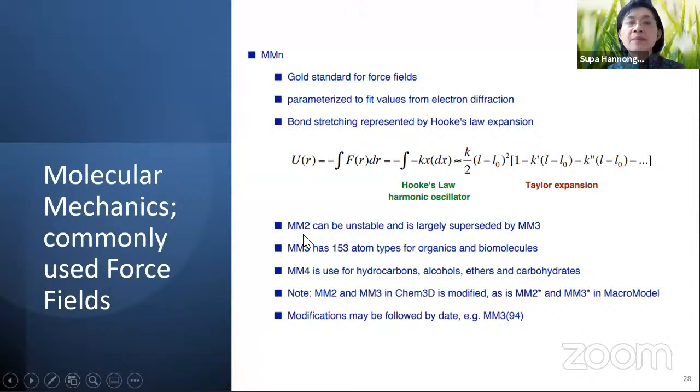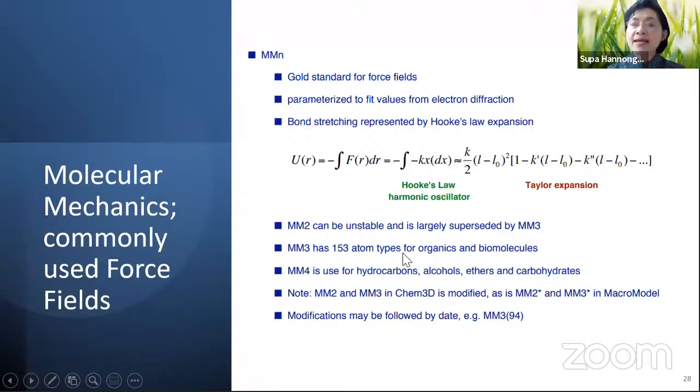And we have MM2, which can be unstable, and later on it was developed into MM3. For the development of molecular mechanics MM3, there are 153 atom types for organics and biomolecules.